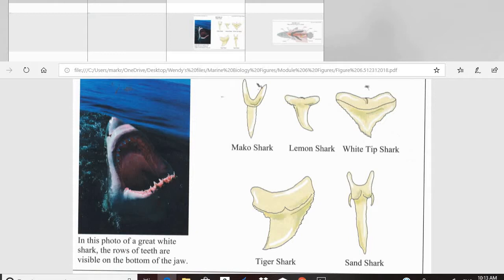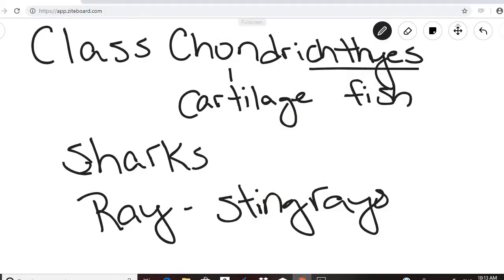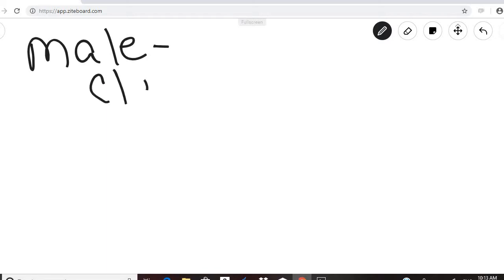For a shark, in terms of their reproduction, the males have a structure on the back that is called a clasper, and that organ is used to place the sperm into the female.